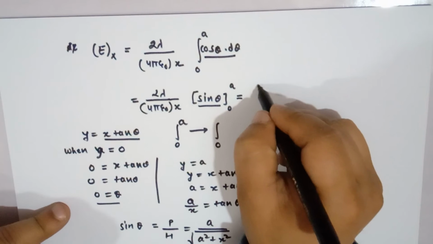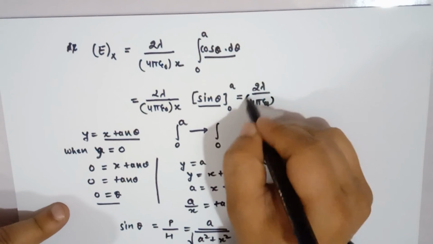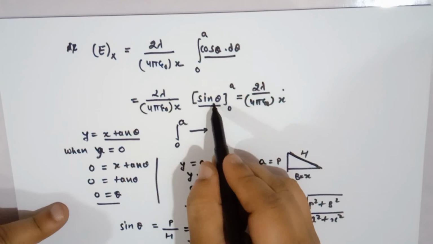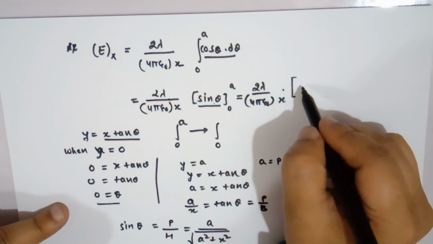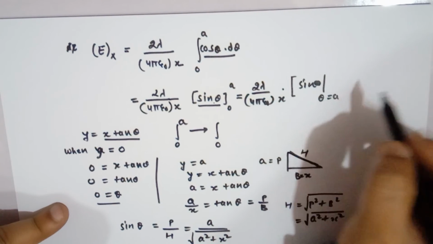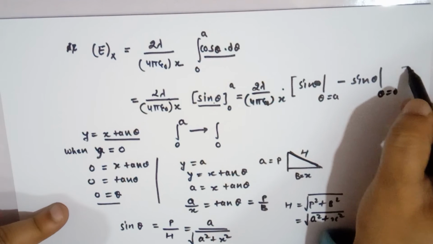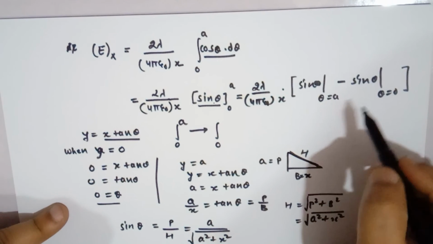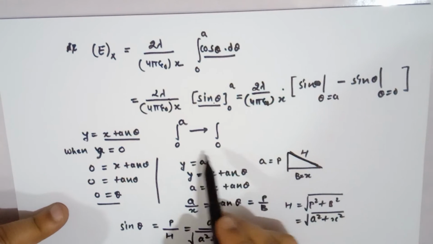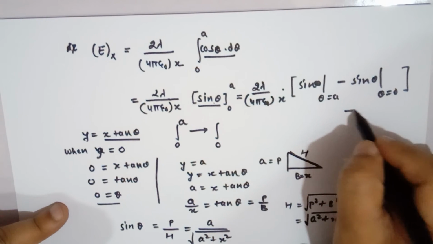So that would be 2 lambda upon 4 pi epsilon naught into x, times sine theta when theta is a, minus sine theta when theta is 0. We know that when theta is 0, the limit is 0, so sine 0 is 0.